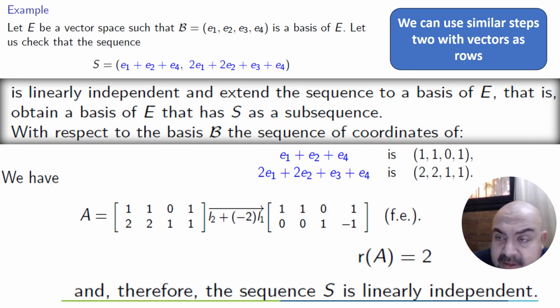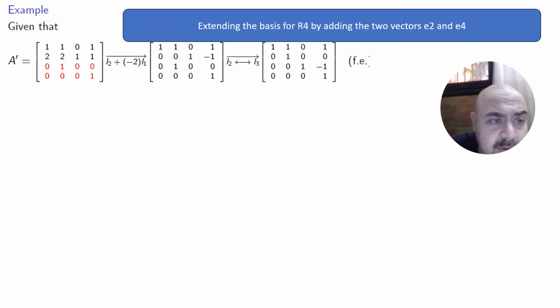I can add 2 other vectors. We choose other vectors like (0, 1, 0, 0), and I've added (1, 1, 0, 1) to my set. So extending the basis of R4 by adding 2 vectors, e2 and e4.